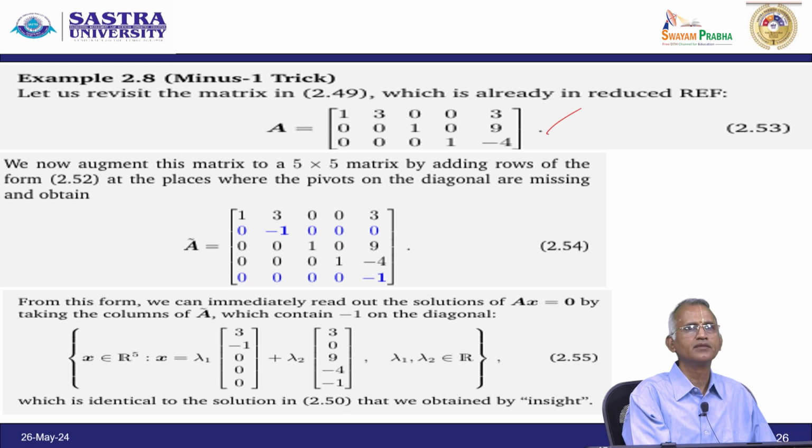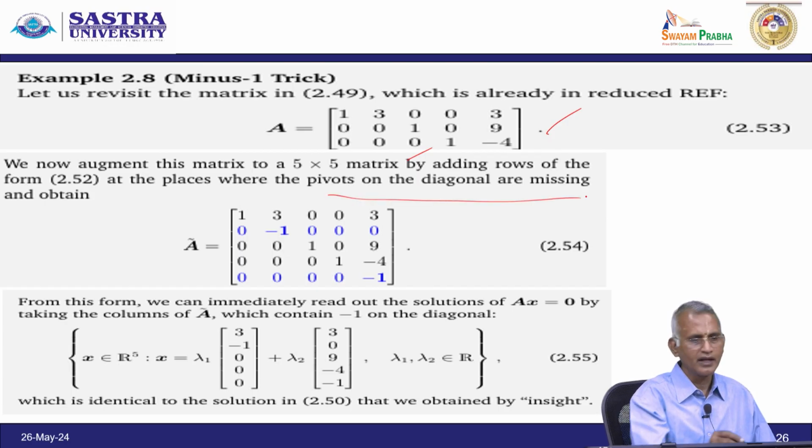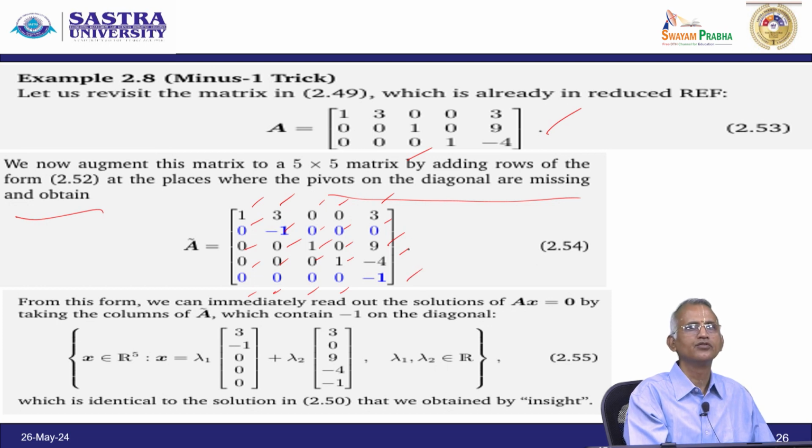We now augment this matrix to a 5 cross 5 matrix by adding rows of the form 2.52 at the places where the pivots on the diagonal are missing, and obtain A tilde: 1, 3, 0, 0, 3; 0, minus 1, 0, 0, 0; 0, 0, 1, 0, 9; 0, 0, 0, 1, minus 4; 0, 0, 0, 0, minus 1. From this form, we can immediately read out the solutions of Ax equal to 0 by taking the columns of A tilde which contain minus 1 on the diagonal.